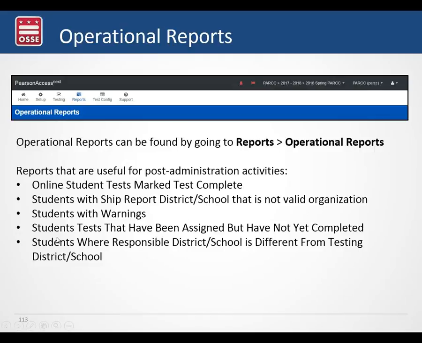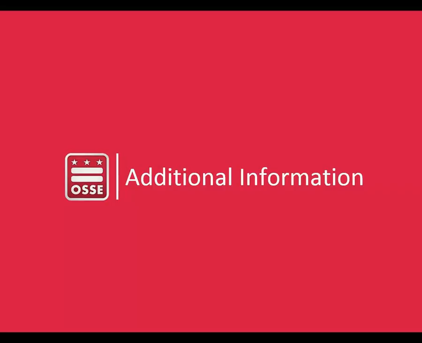I don't think that should happen this year. Student tests that have been assigned but not yet completed. Online student tests that have been marked complete. Just a couple of reports that are available that are helpful in that after-testing cleanup.